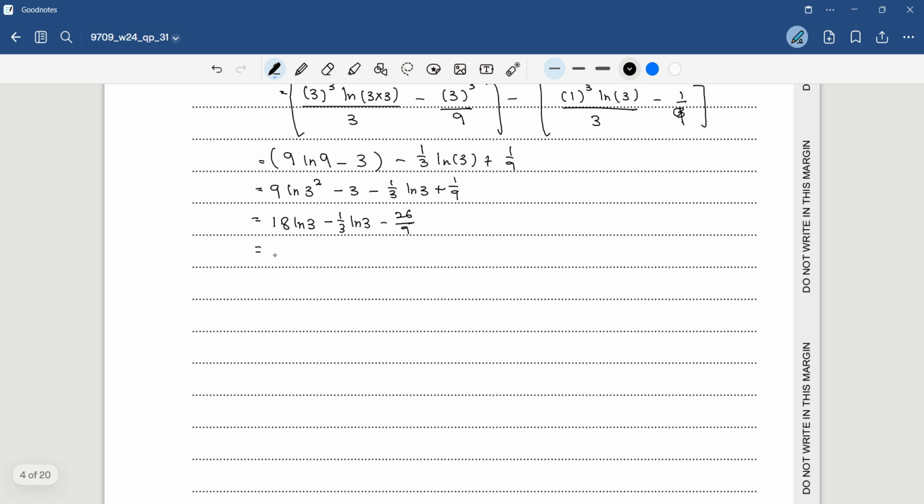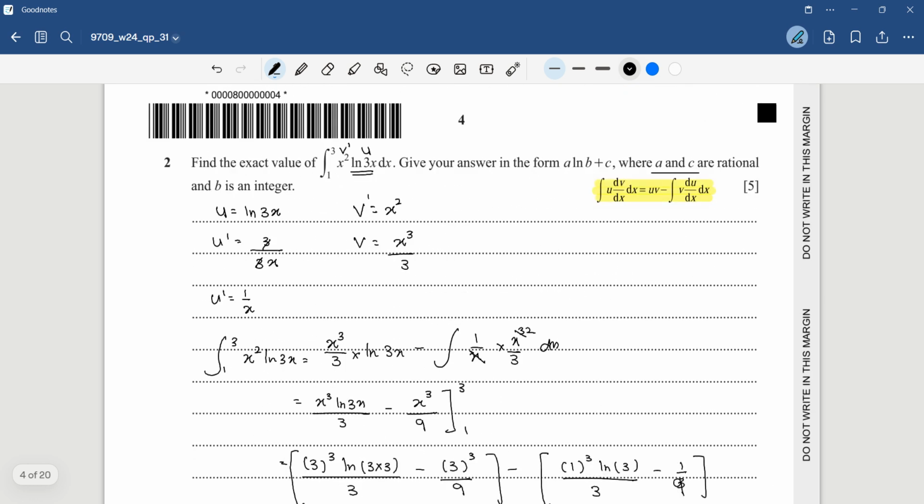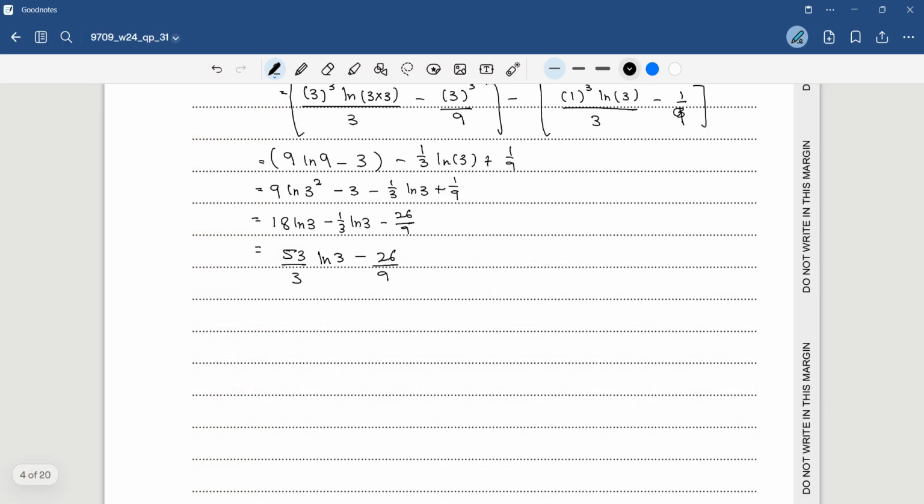So 18 minus 1 over 3 is 53 over 3 ln 3 minus 26 over 9. Where a is 53 over 3, c is negative 26 over 9, and b is your 3.